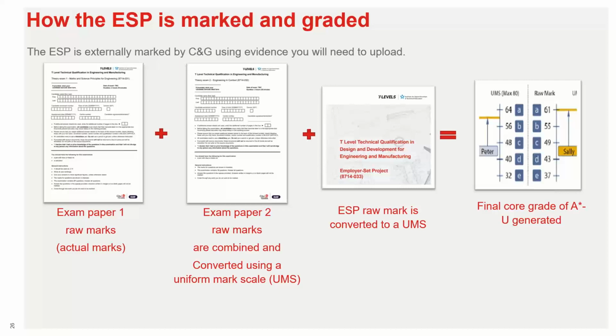The ESP is then also converted to a uniform mark scale before the grade boundaries are set. And those UMS marks for the core exam and the ESP are then aggregated to produce a final UMS score, which provides an overall A star to E grade, or A star to U grade, for the core component. So for each ESP, each candidate will get their raw mark, their UMS mark and their ESP assessment grade, which will be A star to U, as well as getting the overall core component grade.